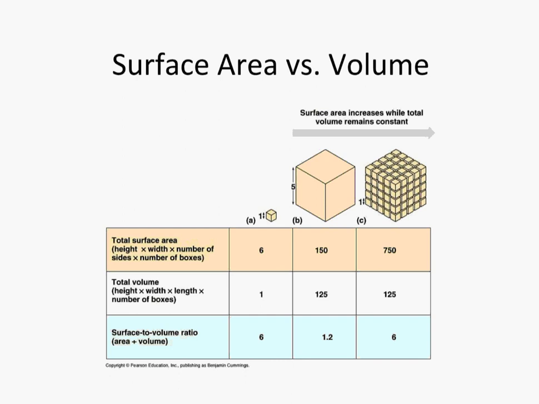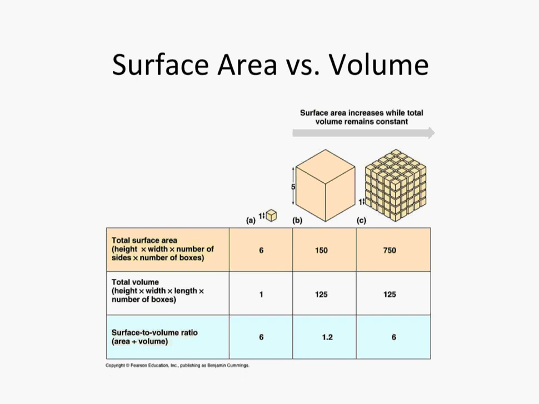So as the cell grows, the surface area is unable to keep up with the volume. And so cells, to alleviate this problem, will divide, causing more of the membrane to be in contact with the outside world, allowing much more efficiency, nutrient transport in, waste transport out, and so forth.